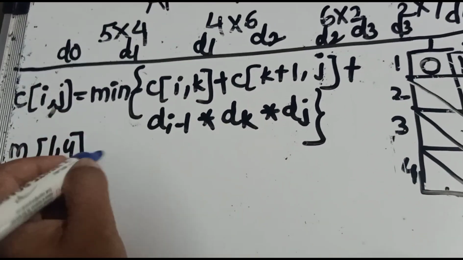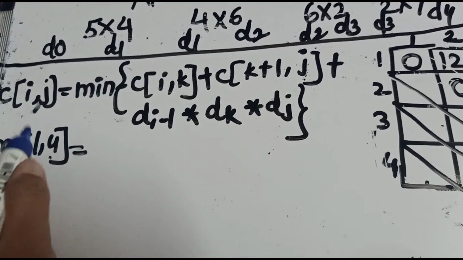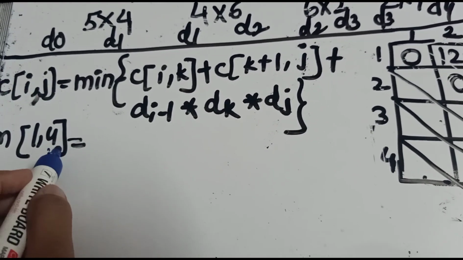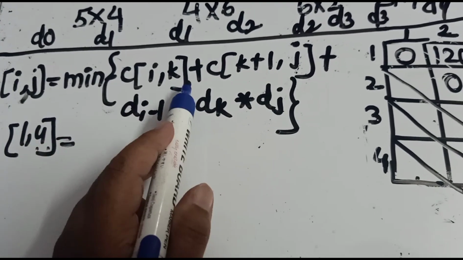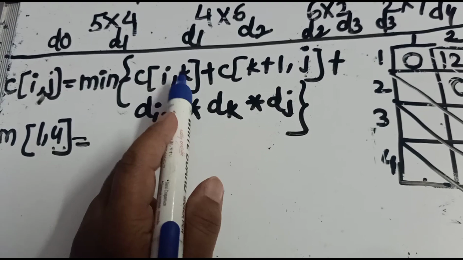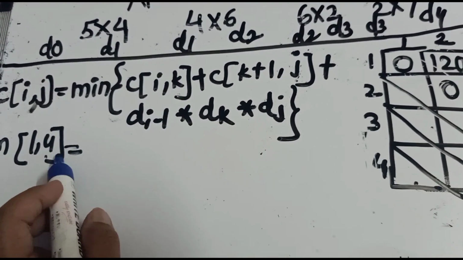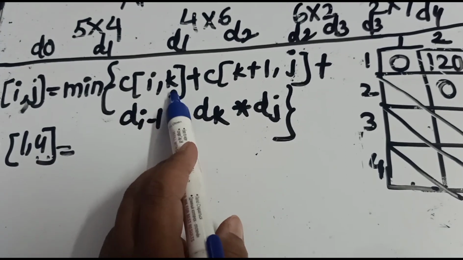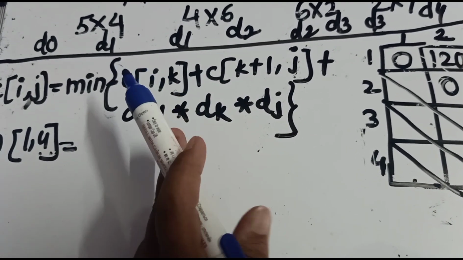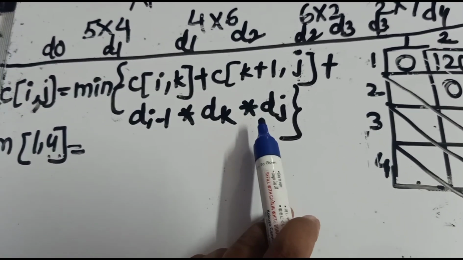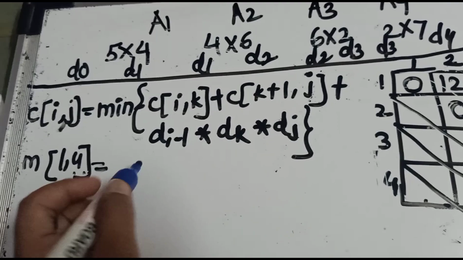Here the value of I is 1, the value of J is 4, and the value of K starts from 1; it will be 1, 2 and 3. We have already seen that the value of K is always less than J. So K will be 1 first, then 2, and then 3. By considering these values, we first write down the formula.